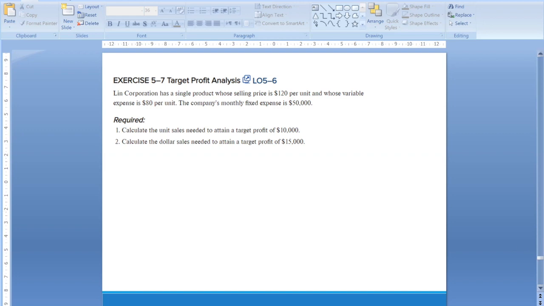Now, for the target profit, remember that we need to add the target profit to the fixed expenses in order to get that target profit. What are the units to be sold? We need to add the target profit to the fixed cost in the formula method, divided by the contribution margin.